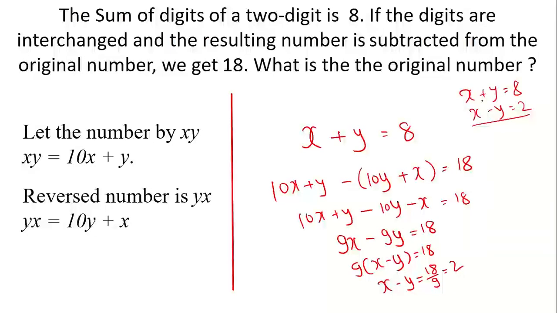Simply by adding these two equations, I get 2x, y will get cancelled, so it's 10, x is 5. And if I put x equal to 5 in this equation, I get 5 plus y is 8, or y is nothing but 8 minus 5, which is 3. So my required number is xy, which is 53.